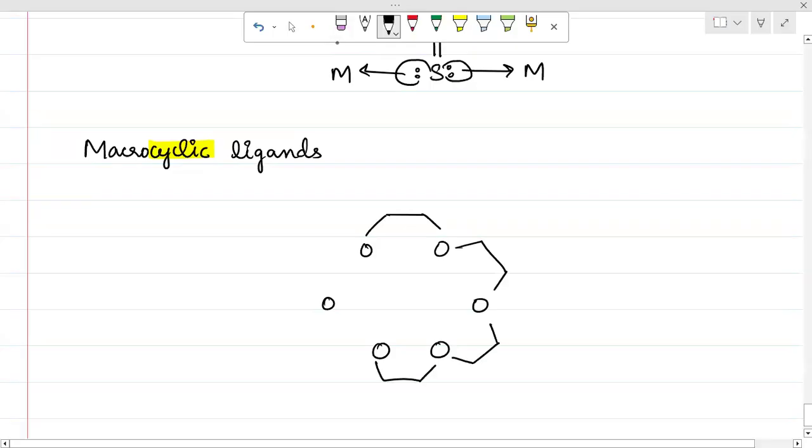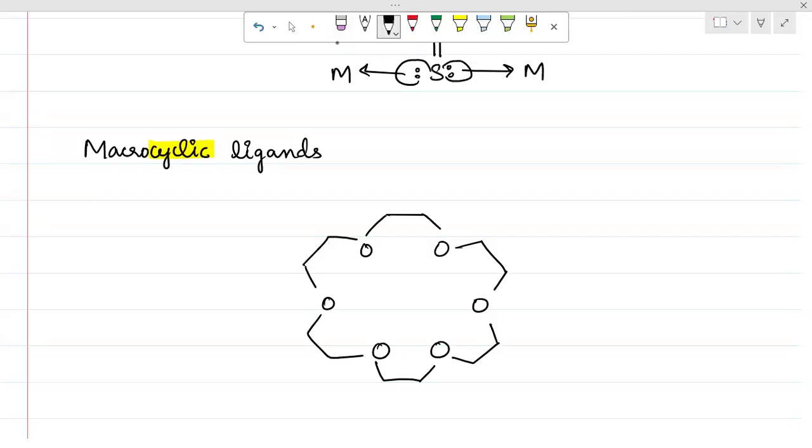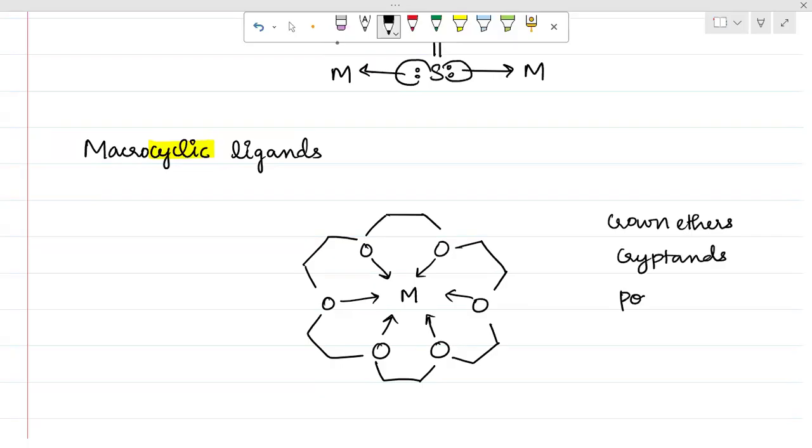This is the ligand itself. Oxygen will have 2 lone pairs of electrons. These lone pairs of electrons are donated to the central metal. So such big cyclic polydentate ligands are called macrocyclic. Examples: crown ethers, cryptands, porphyrins. Porphyrin ring and all you will learn in bioinorganic chemistry.